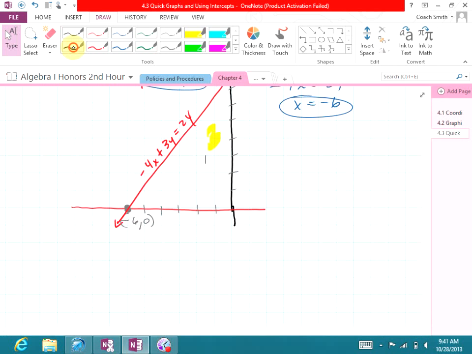Your homework. 4.3. I've got to look at what I put on RenWeb. I can't remember. All right.